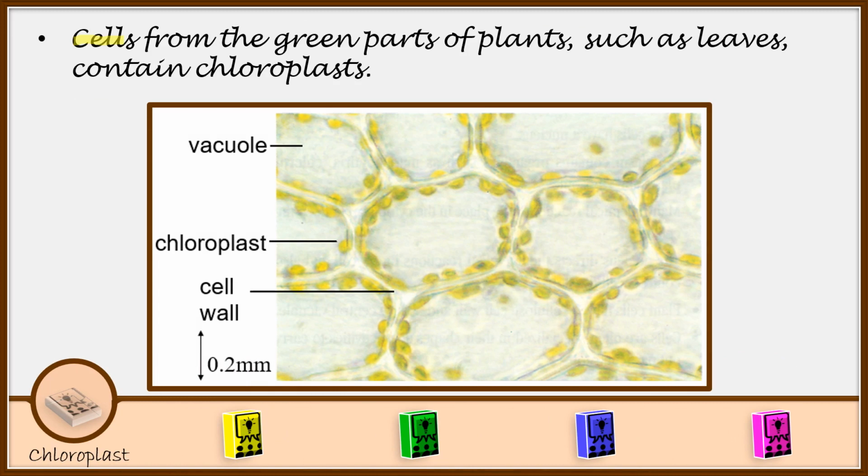Cells from green plants or green parts of plants, such as the leaves, contain chloroplasts.